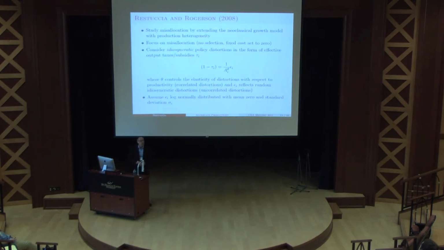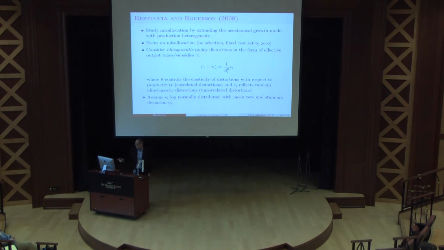This is why in the paper with Richard Rogerson, we call these idiosyncratic distortions, to emphasize that this is not something that affects an industry or the entire economy, but is specific to the producer. And as I'll discuss, many of these policies are effective rather than explicit. The regulation or policy may not be intended to have different effects. It's common to all producers, but effectively applied more heavily to some producers than others.